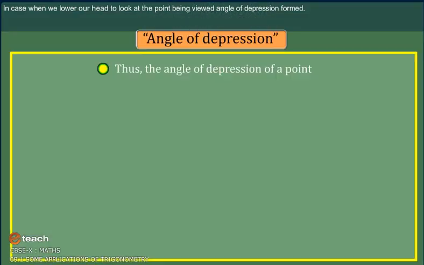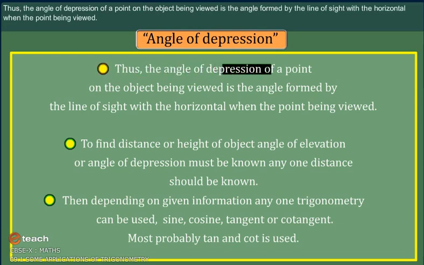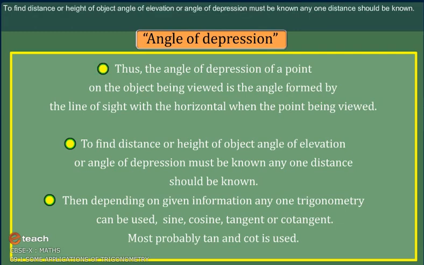In case we lower our head to look at the point being viewed, the angle of depression is formed. Thus, the angle of depression of a point on the object being viewed is the angle formed by the line of sight with the horizontal when the point being viewed is below the horizontal level.